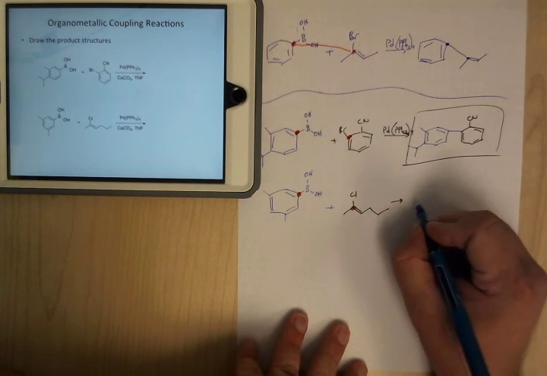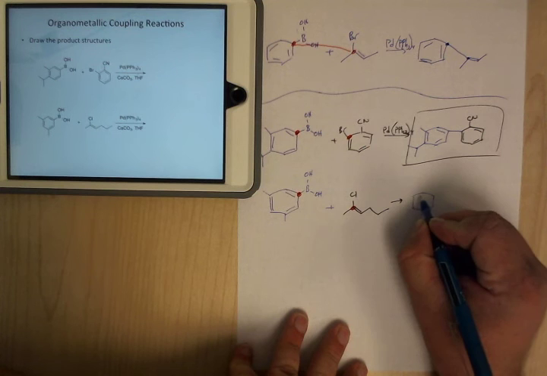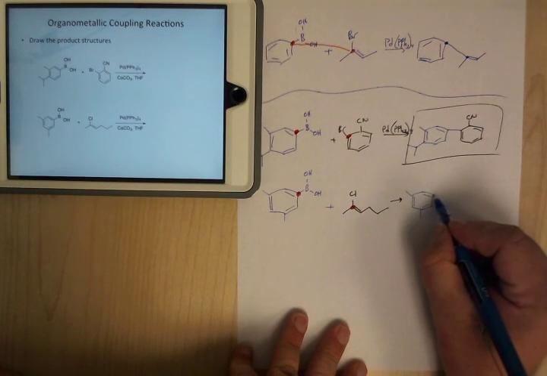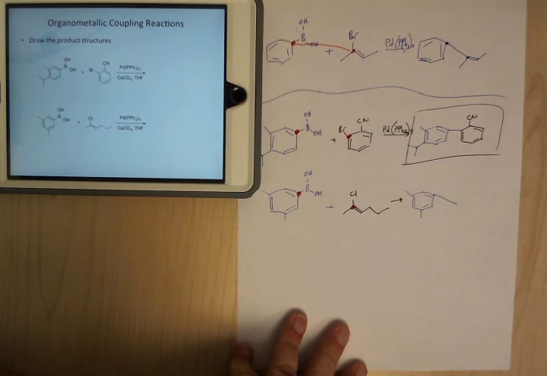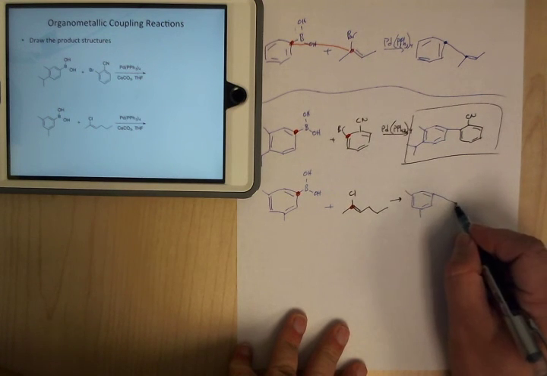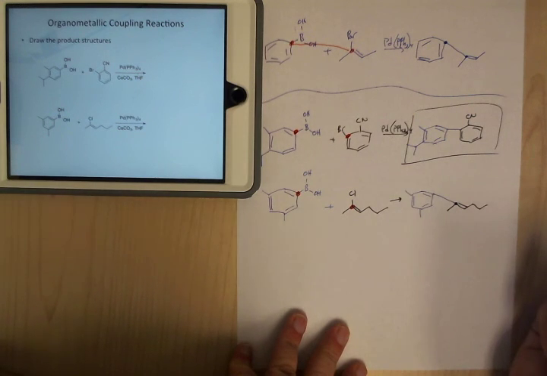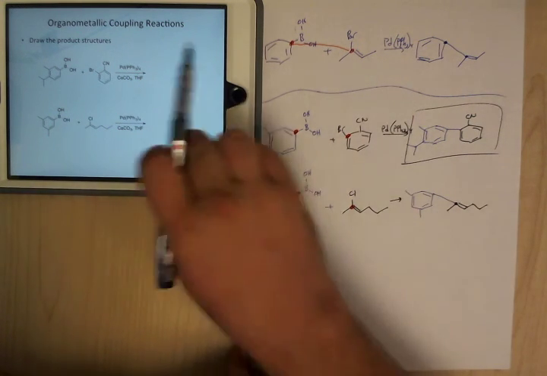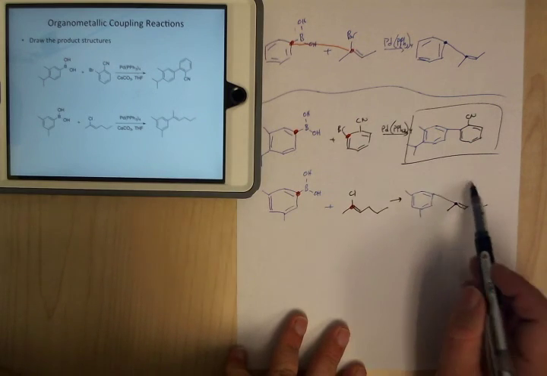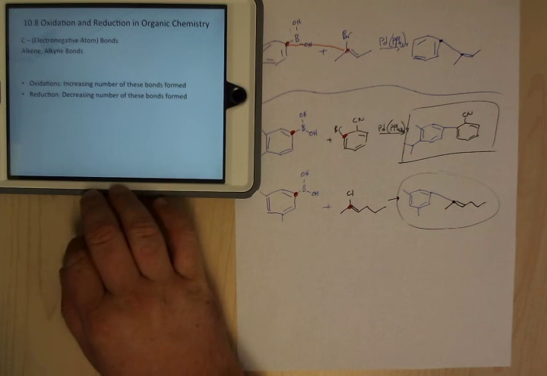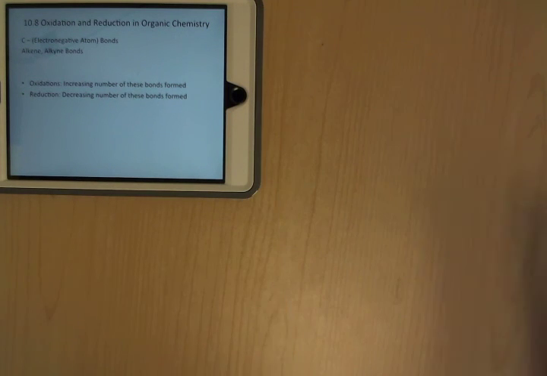So you end up with like that. Now it's kind of an ugly compound, how you would draw it, but that's what you end up with. Okay, I think this is the last one.